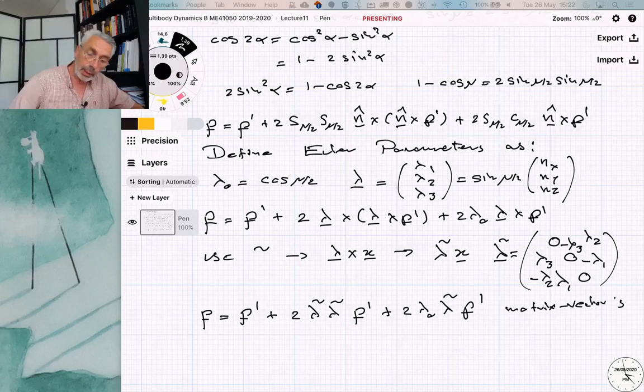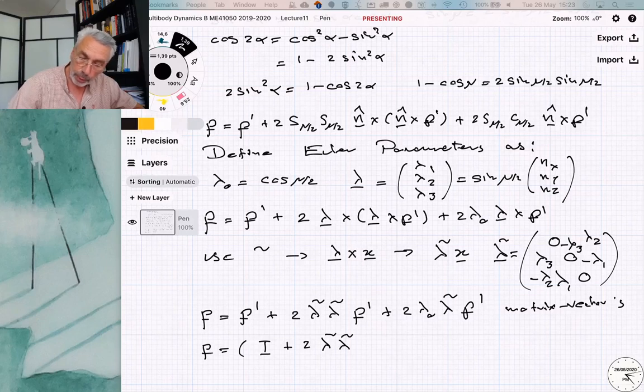Now we can pull out this whole P prime nicely and we can say, oh, P is apparently the identity matrix times this P prime plus 2 times this strange double product of the tilde matrices plus 2 lambda 0 lambda tilde P prime.